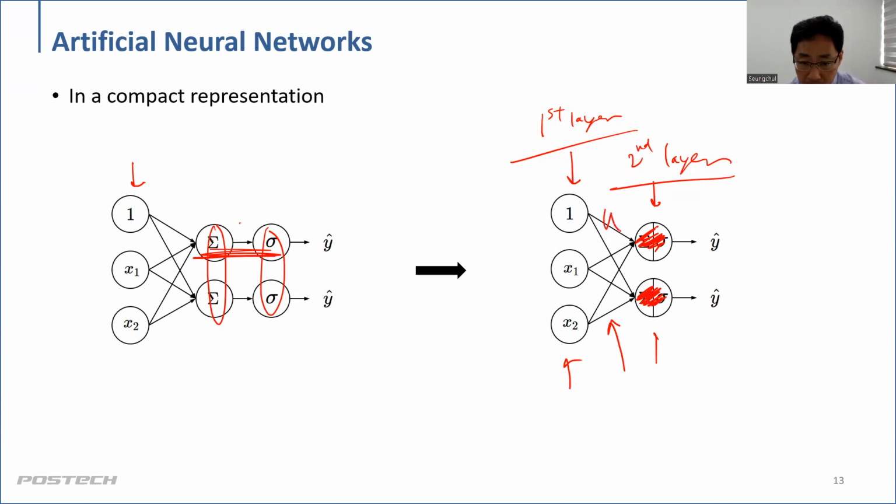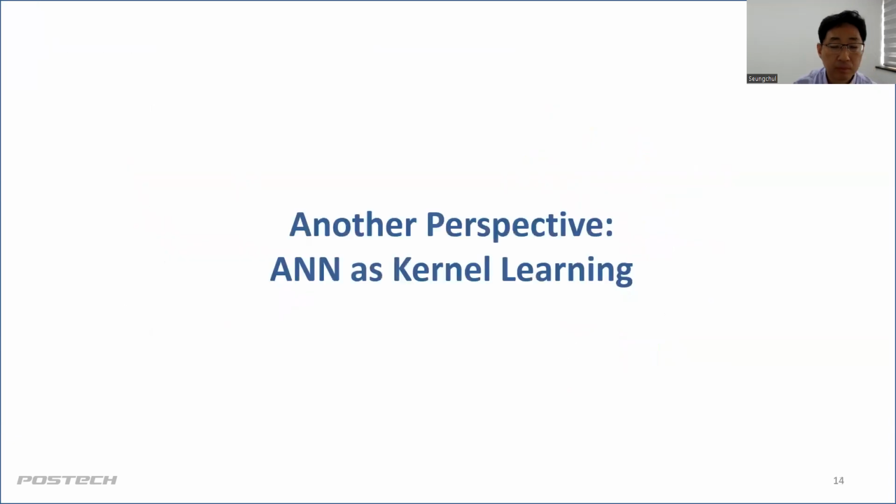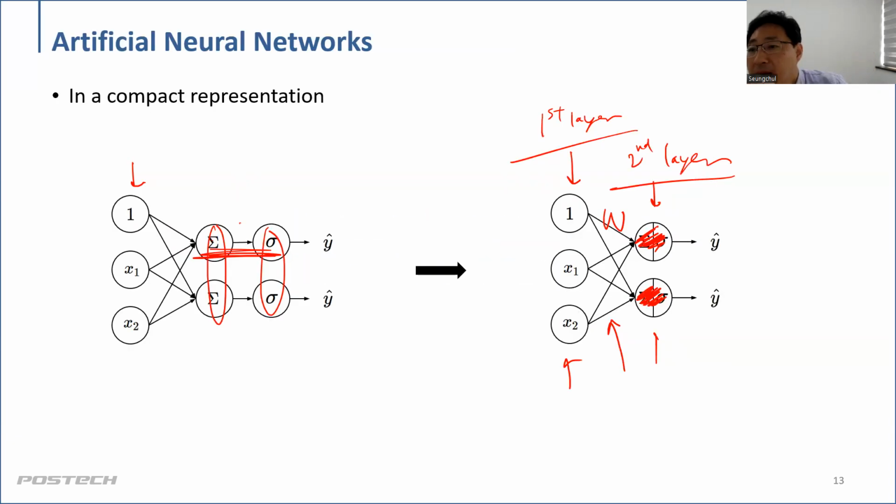And you have to see that we have associated omegas on top of the arrows, or connections. That's kind of how we go from perceptron to multi-layer perceptron.